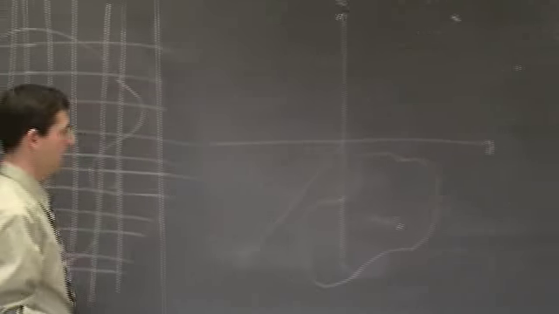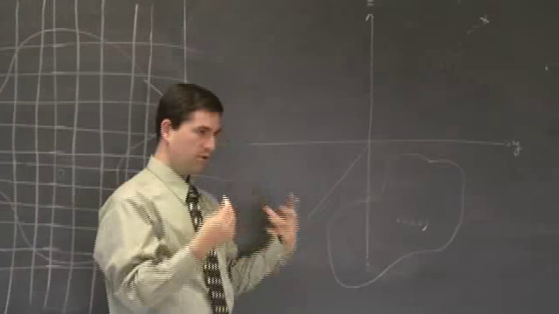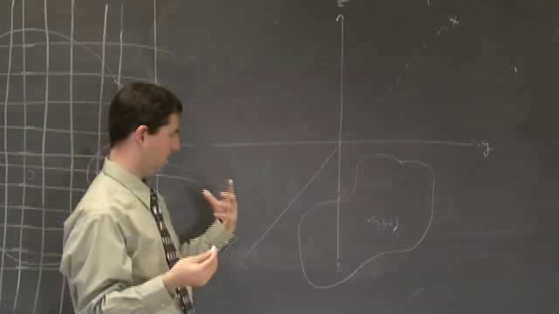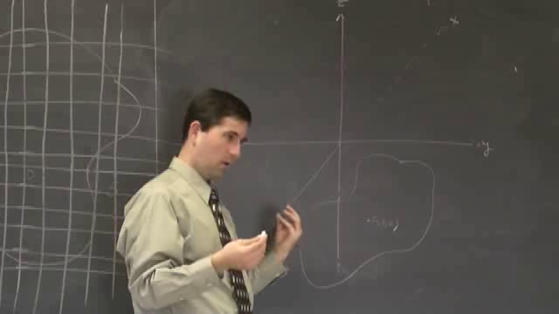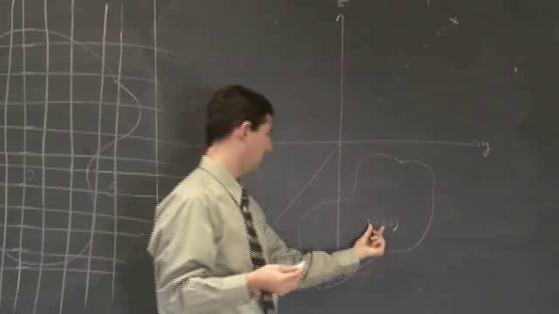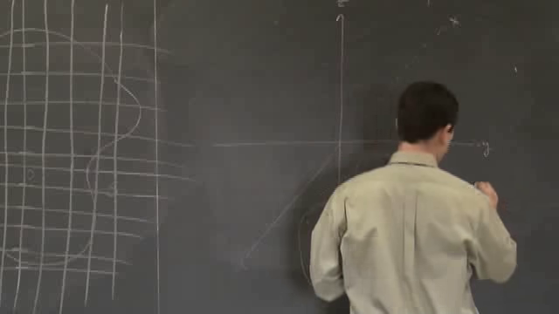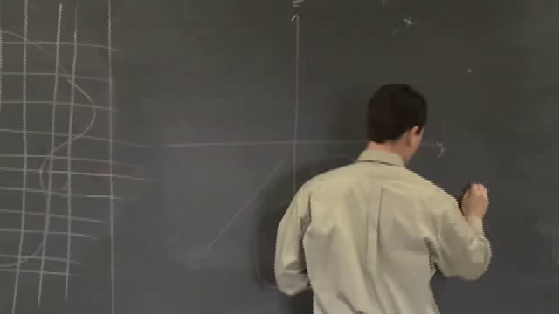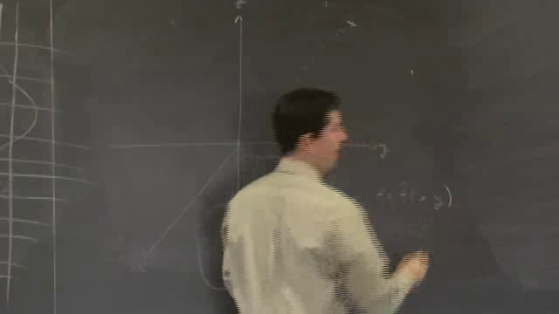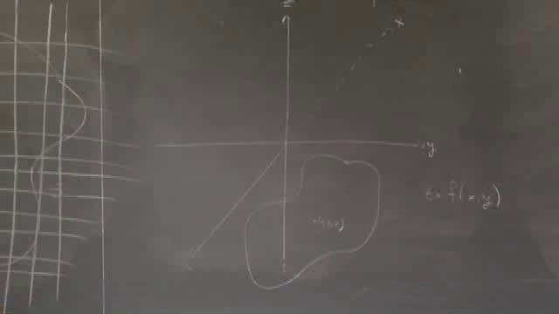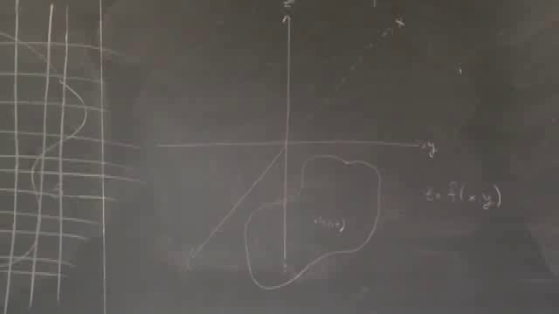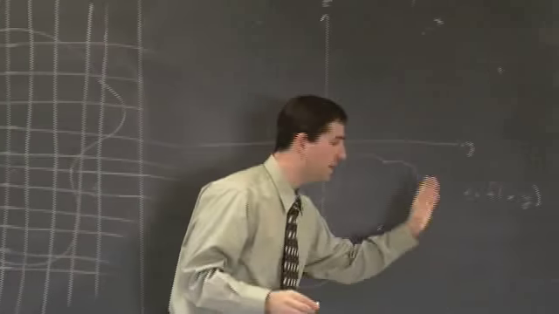Okay, fine. Let's say I now have a function, and it's not just a function of x anymore, but a function of x and y, and it's going to spit out a z value. So I have some function that looks like z equals f of x comma y. It's no longer a function of one independent variable.